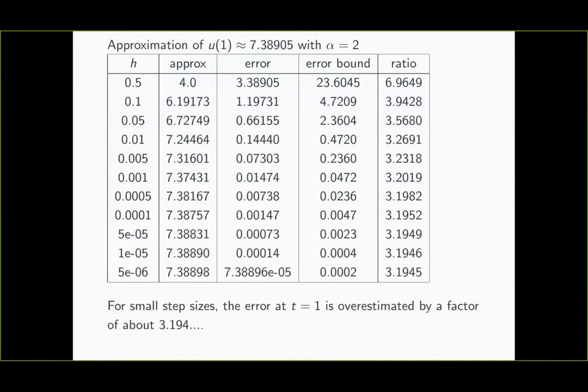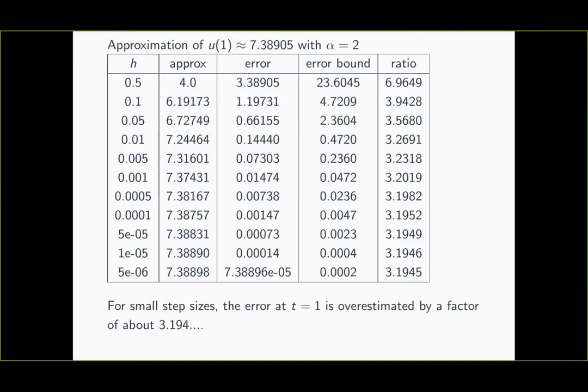The second column shows the approximations of u(1), which the Euler method produces. If the step size is 0.5, then the approximate value of u(1) is roughly 4.0, and as you can tell, as the step size decreases, I very quickly get close to the actual value.